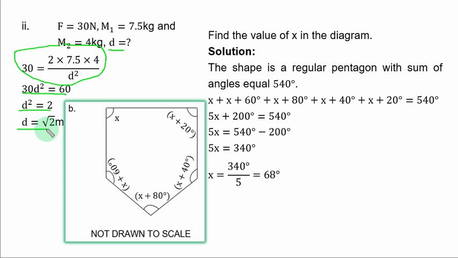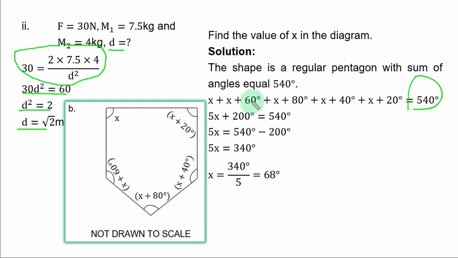6b, you have this diagram and you are asked to find the value of s. The diagram is a pentagon, and a pentagon has the sum of angles to be 540 degrees. So if you add all the angles in the figure, you equate it to 540 degrees.